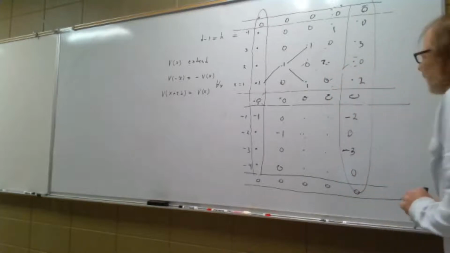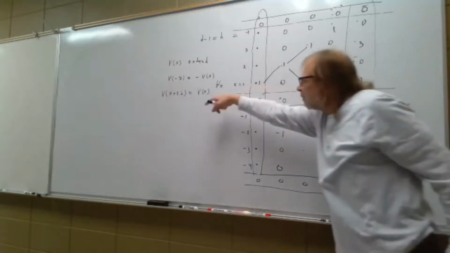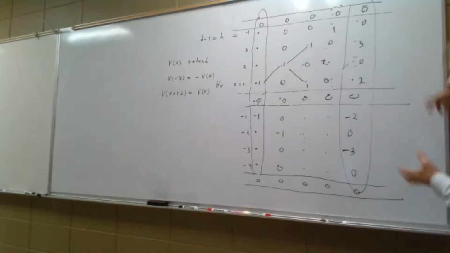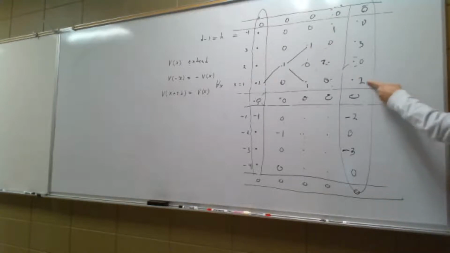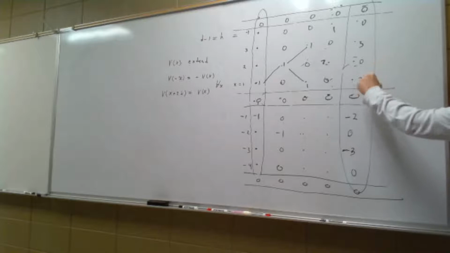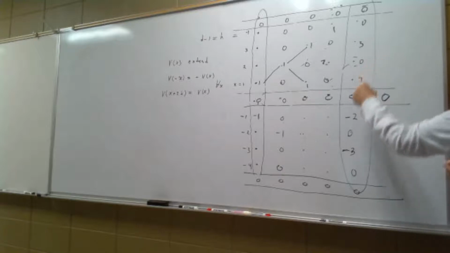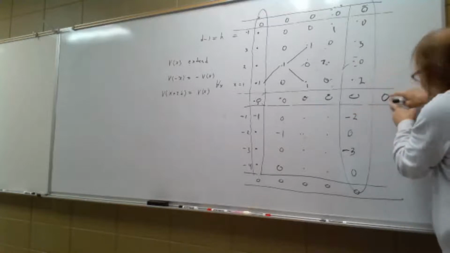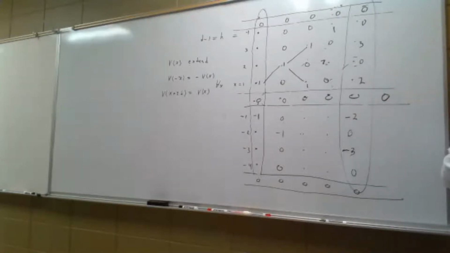Zero. Now I can use this up and down all the way on these infinite vectors. So if I said, find me this number, go up and down, they zero out. So those annihilate, and they keep annihilating all the way through.